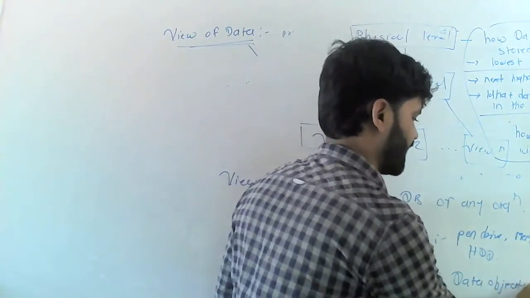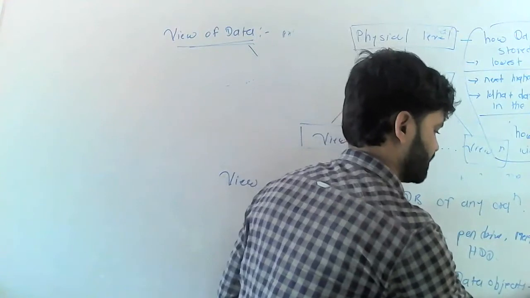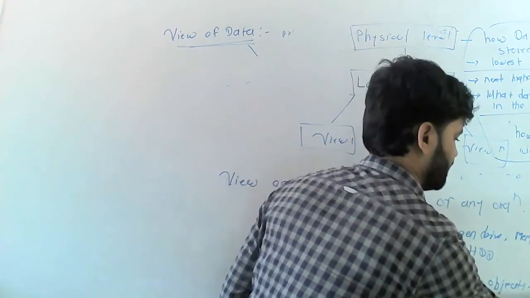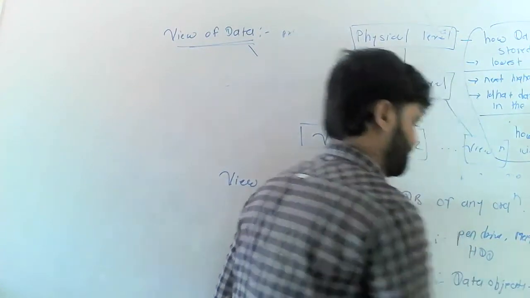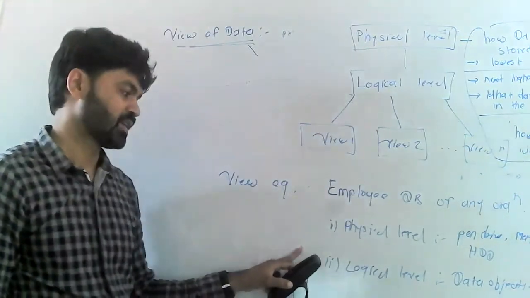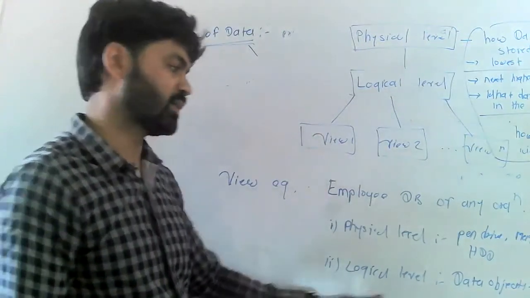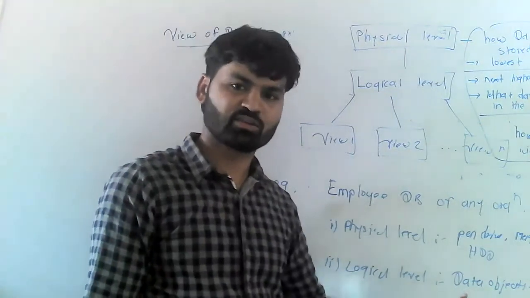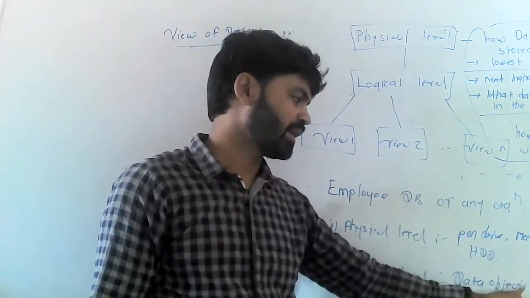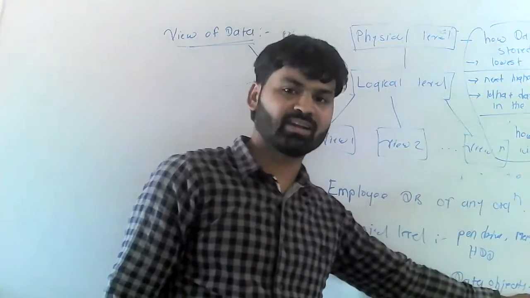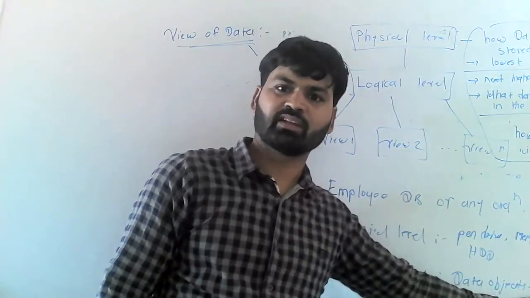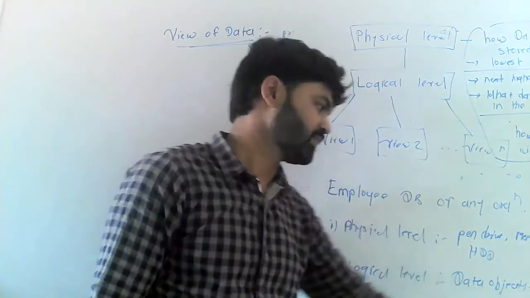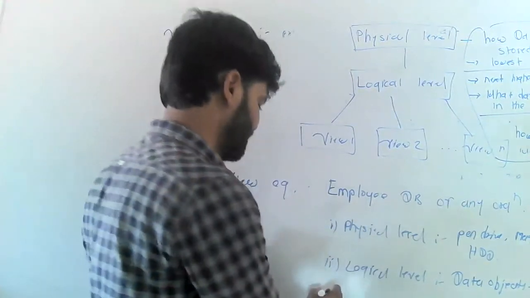This is the example of the logical level: how the data objects are stored in your database and how they are related in the various data models.